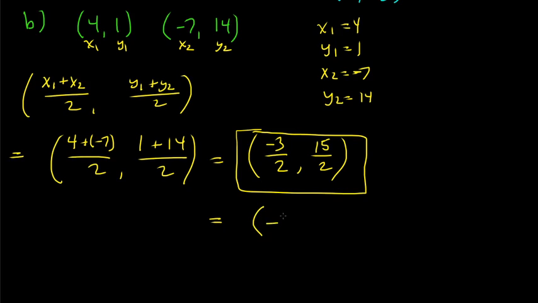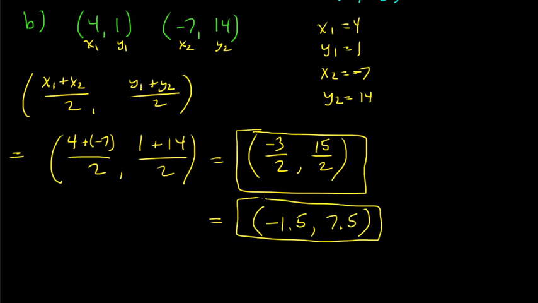If you like decimals, it's negative 1.5, 7.5. I'm not picky. Either way is fine. Well, in this case, it's fine because, you know, they're terminating decimals. They're not those repeating decimals, right? It's not 0.6666 or 0.33333, right? Or even worse.